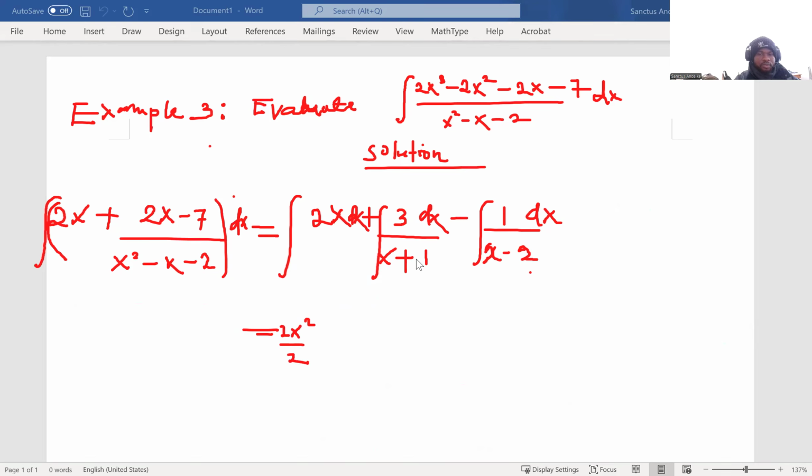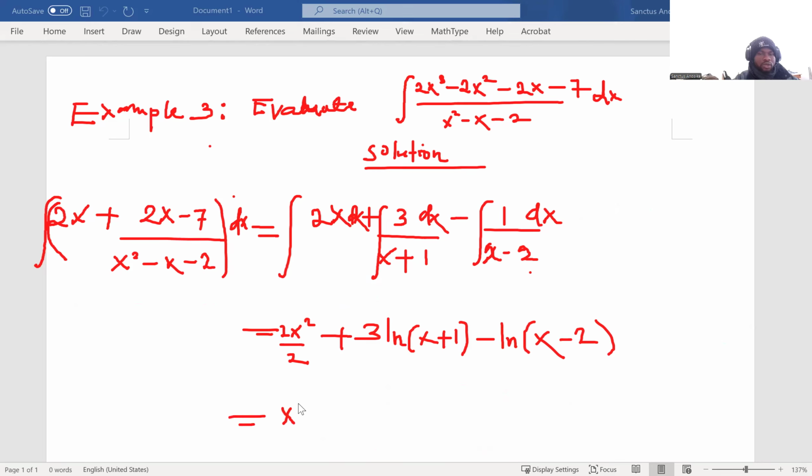Then if we integrate this, we're going to have plus 3 ln of x plus 1. And then this will be minus ln of x minus 2. So this cancels that.